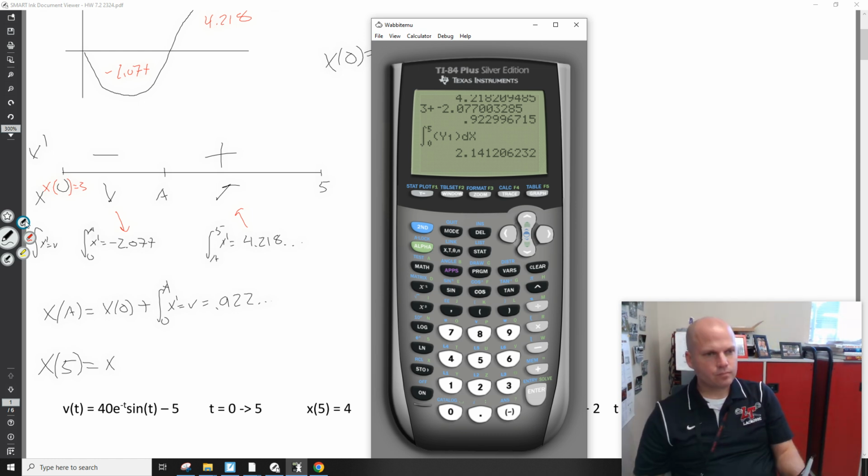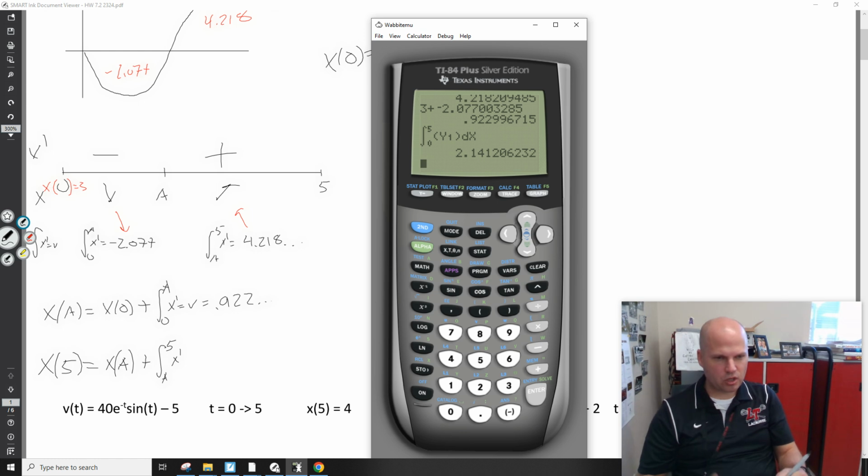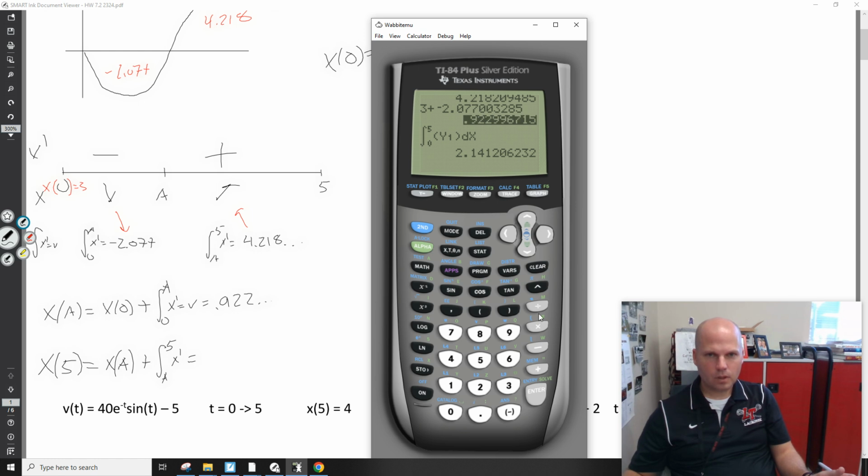But you could also say, I already know my position at A. I know my position increases from A to 5, 4.218. As long as you have this work kind of shown where you know where this value is calculated and you're using the previous one and you're kind of showing everything that makes sense to us, you'll be fine. But unfortunately, they're a little strict about work shown.